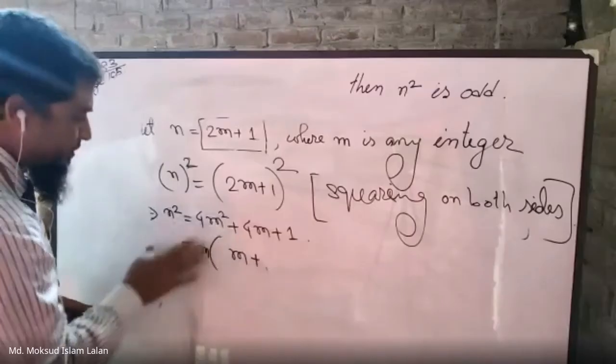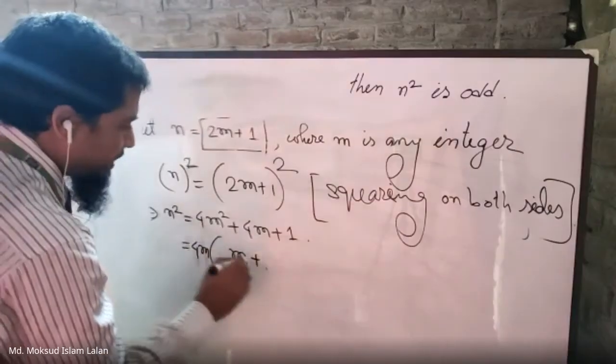Here we can common 2m. 2m plus 2, or 4. Okay, you can common 4, right? 4m, so 4m plus 1, m plus 1.